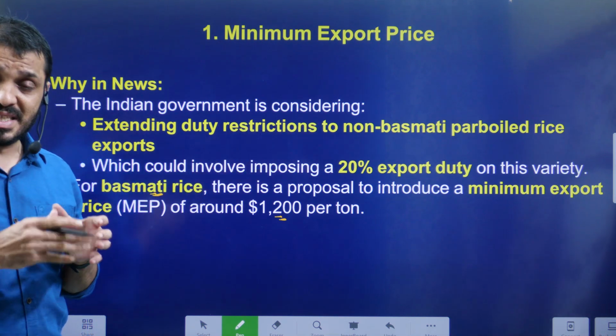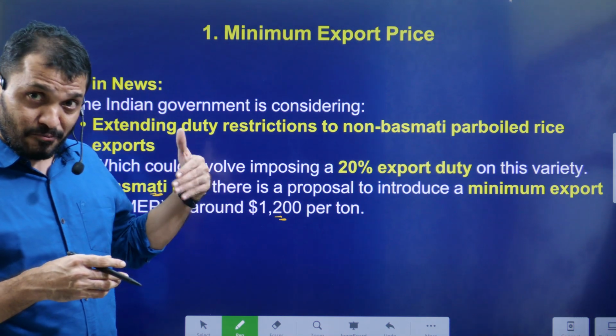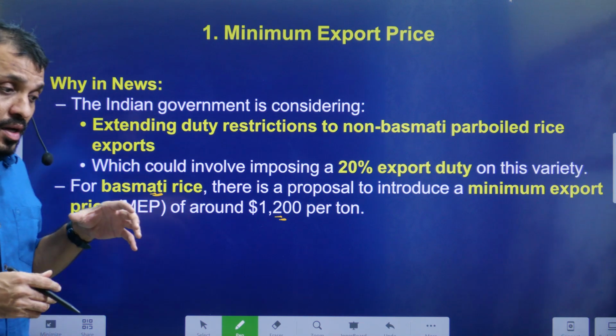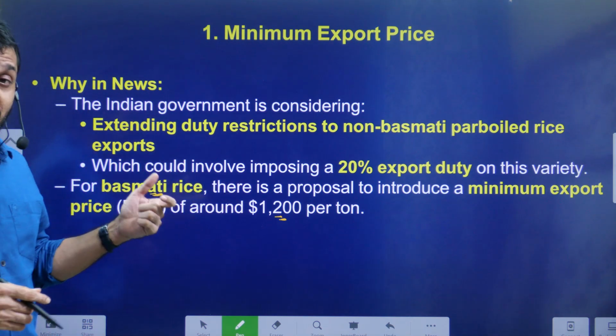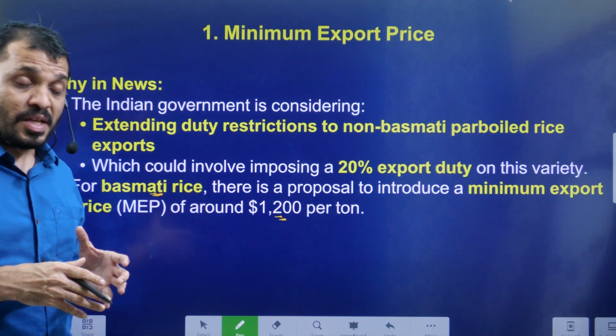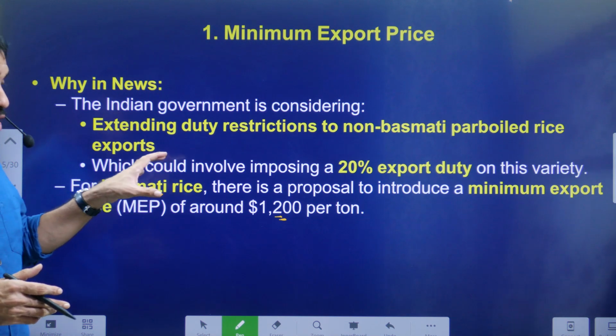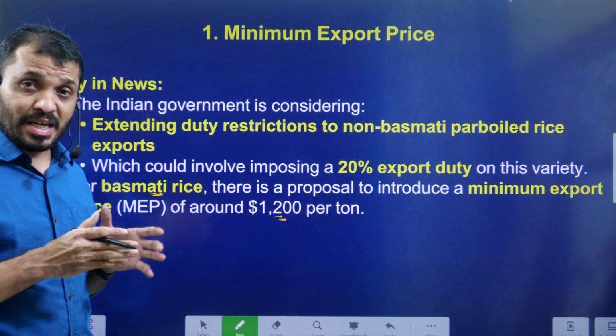Parboiled rice is ready-made rice. Generally, it is heavily used in East Asian countries and countries like China, and in some European countries as well.